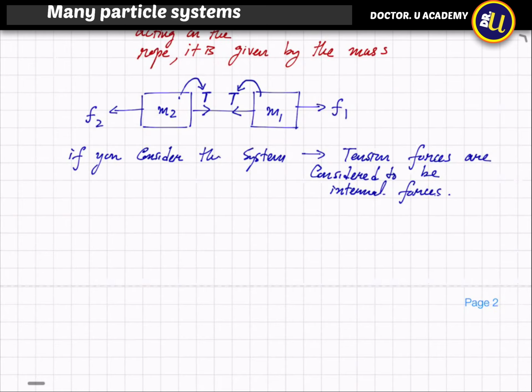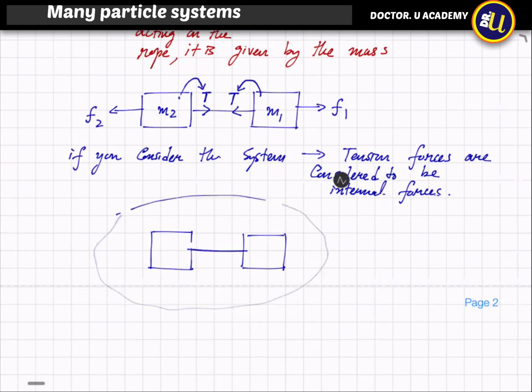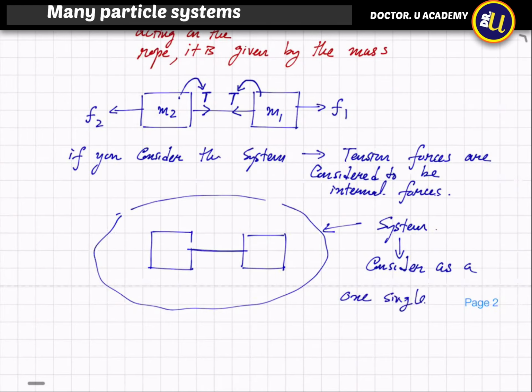Because you consider the whole system. That means you consider this system as one single object, made of M1 and M2.